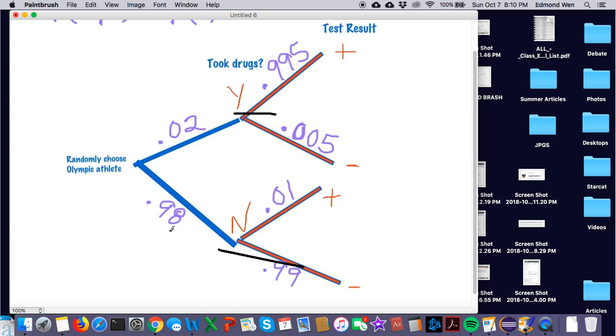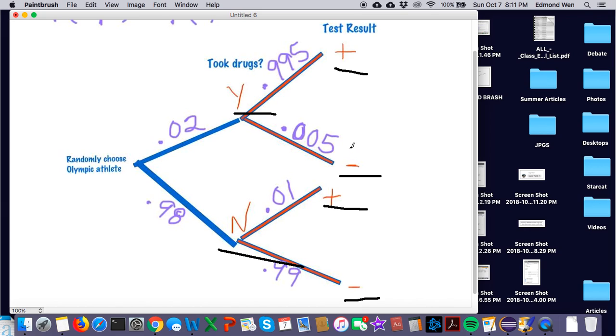Of the 98% who did not take drugs, 1% of them would test a false positive, while 99% would accurately test negative. For the 2% that did take drugs, 99.5% of them did in fact test positive correctly, while 0.5% of them would not and go scot-free.